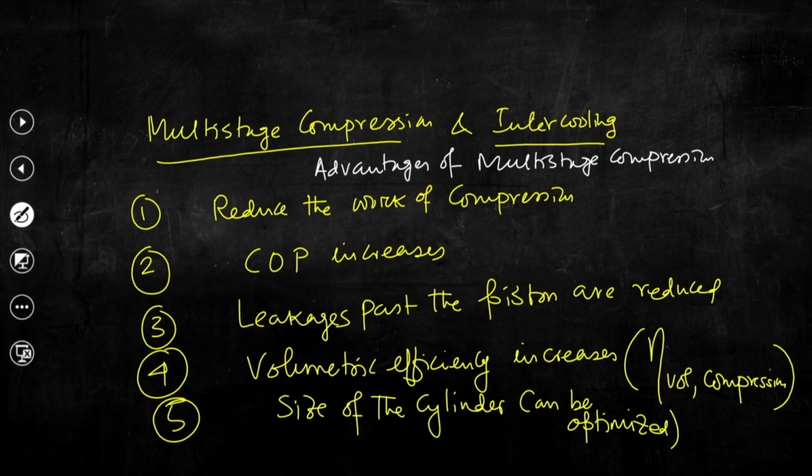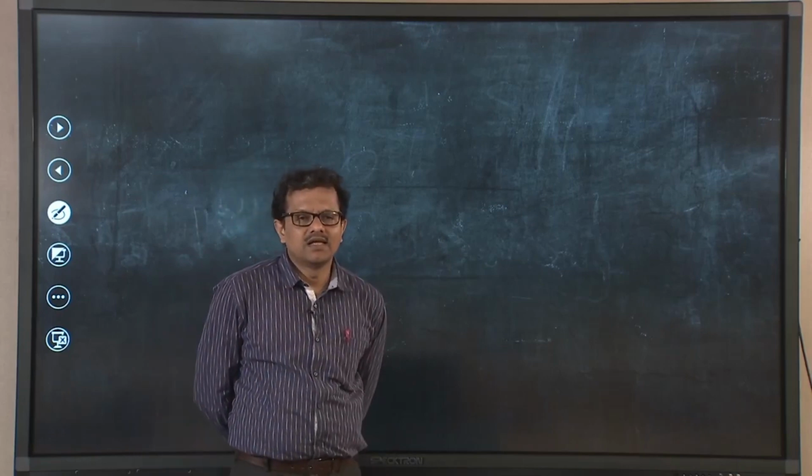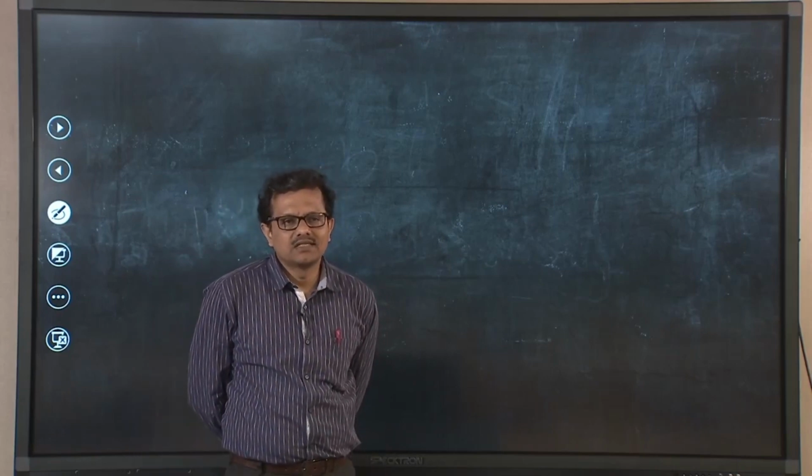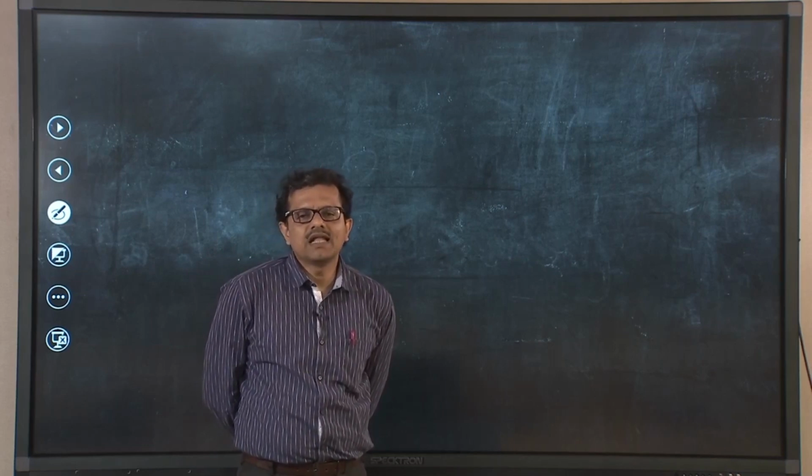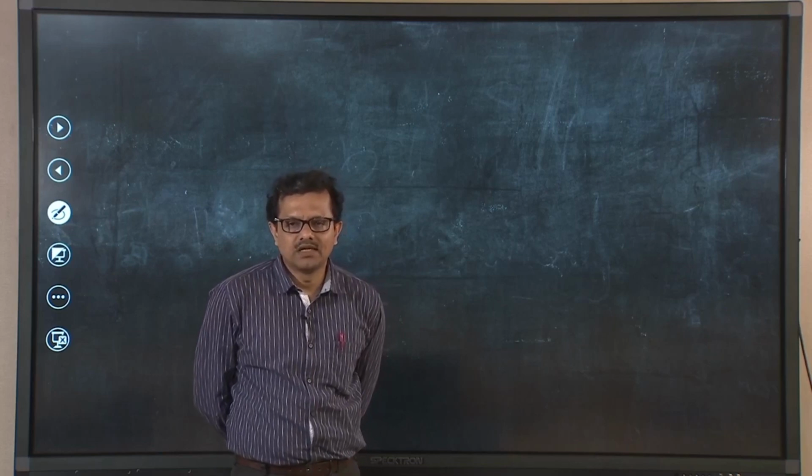Again I am telling you, we need a higher compression ratio, that is P to be more. Okay. So now the question is, for this multistage compression, as we have discussed, the sole objective is to increase the pressure of the working fluid with an appreciable increase in temperature.